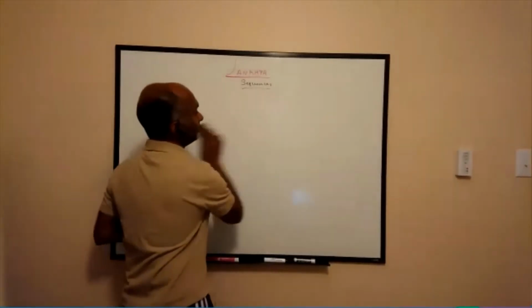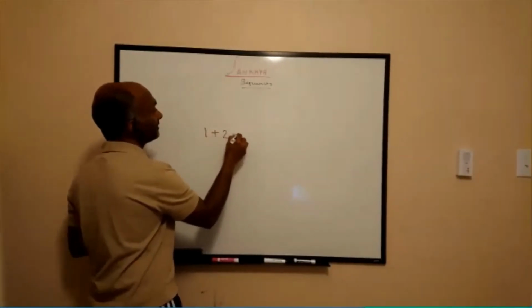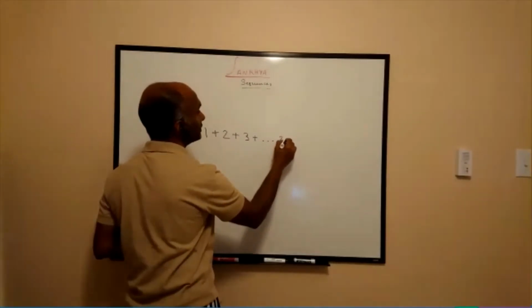So now let's do one more exercise. What is the sum of the numbers 1 plus 2 plus 3 all the way to 29?